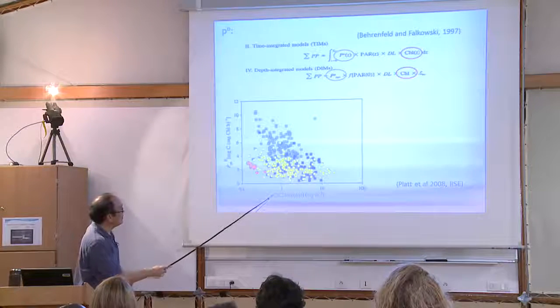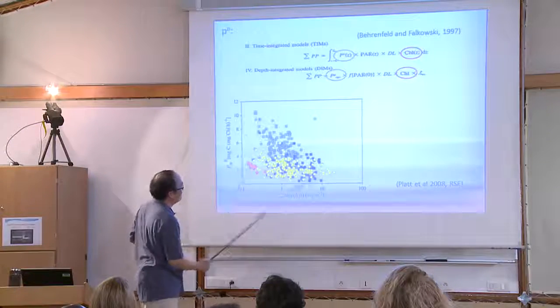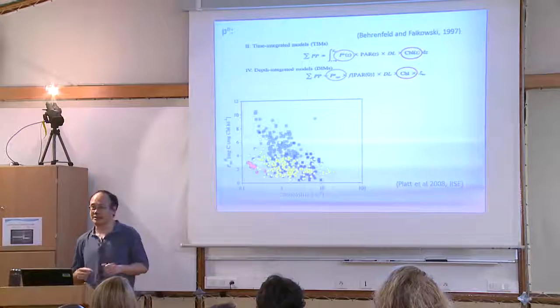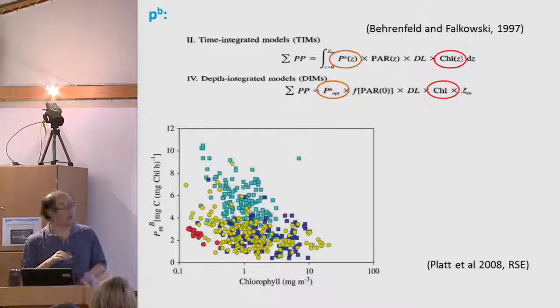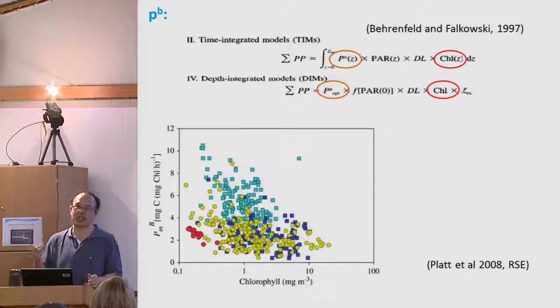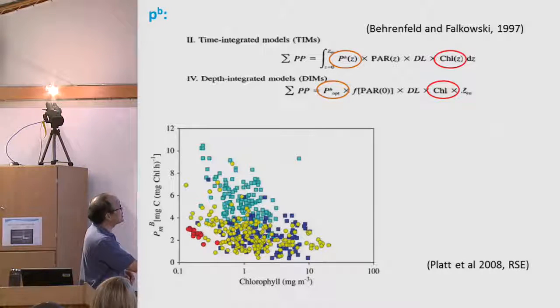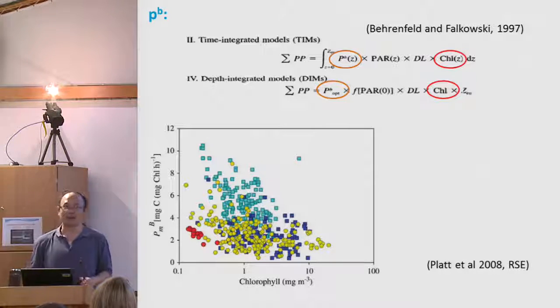As you can see, for different chlorophyll, this PB has a wide range of variability. This wide range of variability also comes from aph star, the phytoplankton specific absorption coefficient, or chlorophyll specific absorption coefficient. When PB has such wide variation, then the estimated primary production, you can imagine, has big uncertainties.